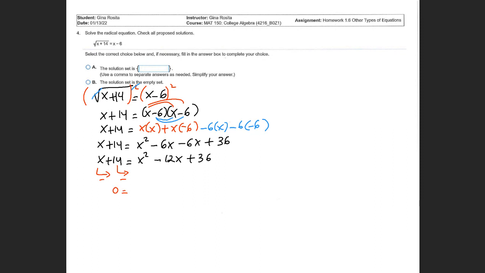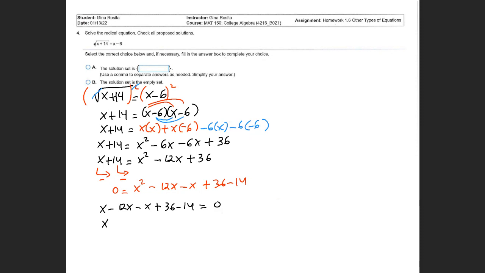Just put 0 equals x squared minus 12x minus x plus 36 minus 14. That's right. So now we're going to solve.